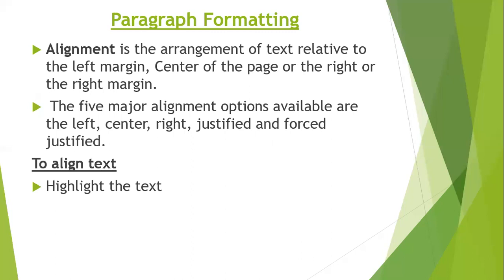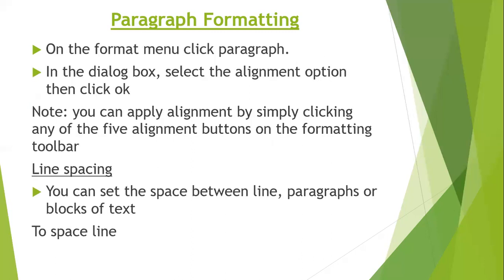To align text, first highlight the text, then on the format menu click Paragraph, then in the dialog box select the alignment option, then click OK. Note that you can apply alignment by simply clicking any of the five alignment buttons on the formatting toolbar.